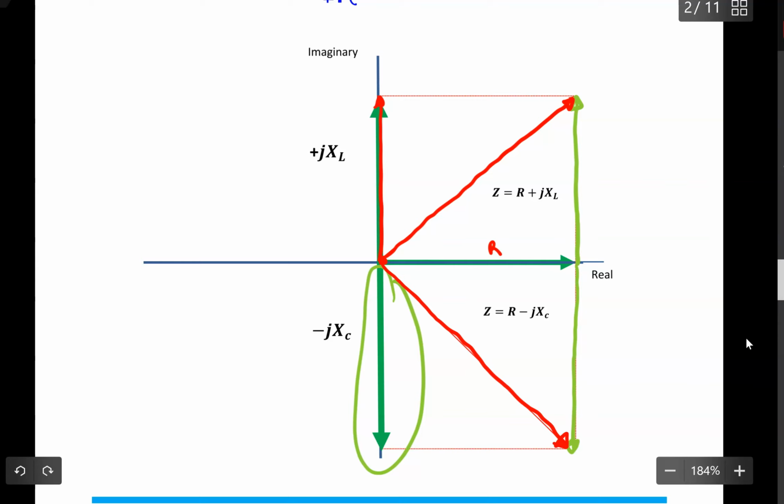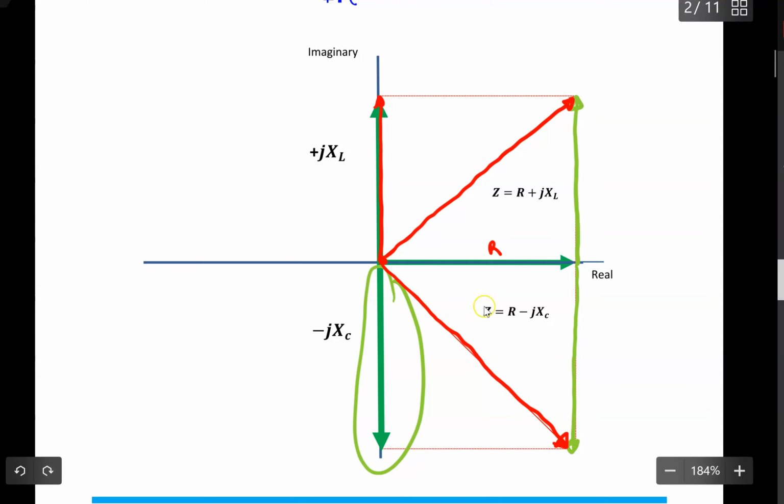Therefore, the impedance in this case will be equal to the real part adding this negative part of J. Therefore, I will have subtract J times XC. So let's go over a few calculations in this case.